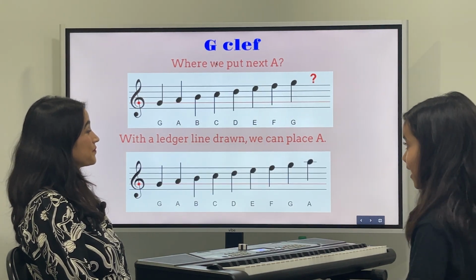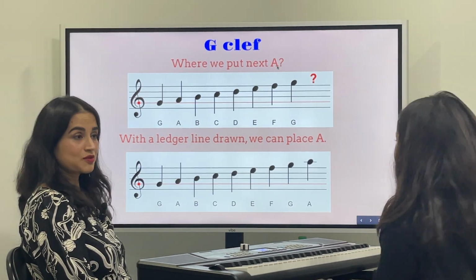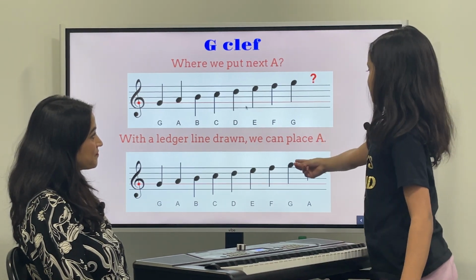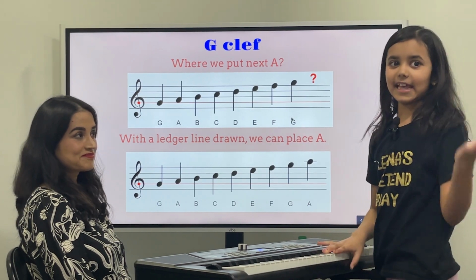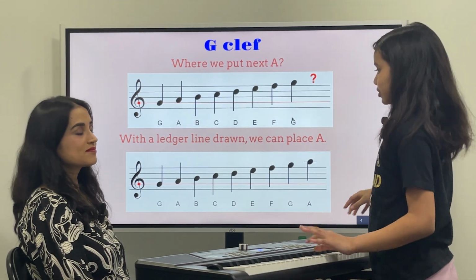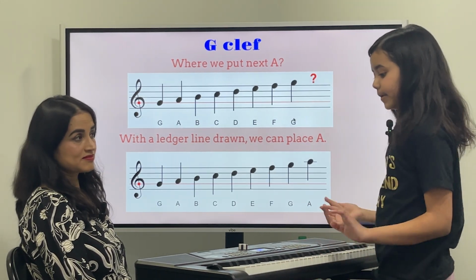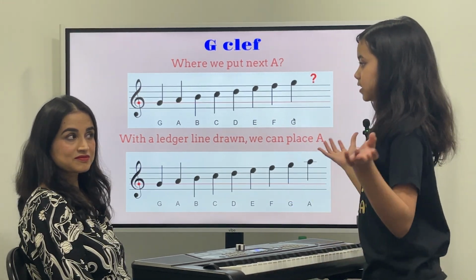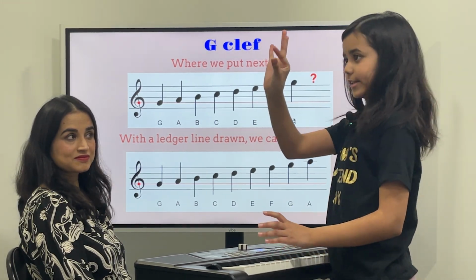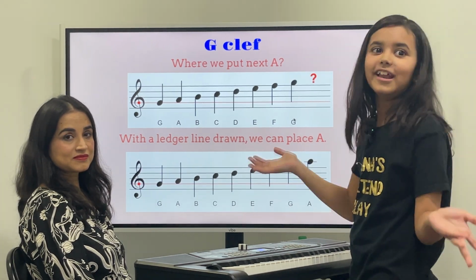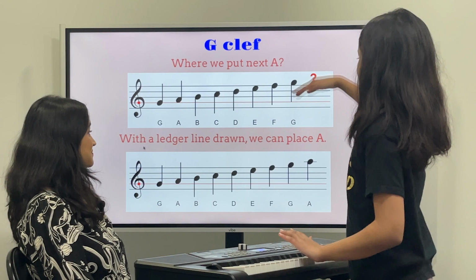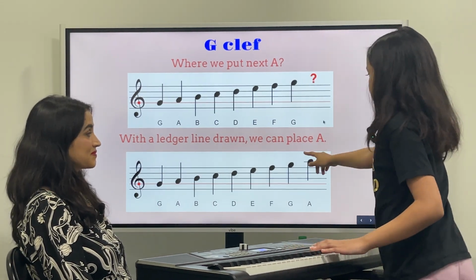Where do we put the next A? It's because it's called a ledger line. A ledger line is like middle C. Middle C has no line for it to go on, which means it uses a ledger line. So the next A is on that.